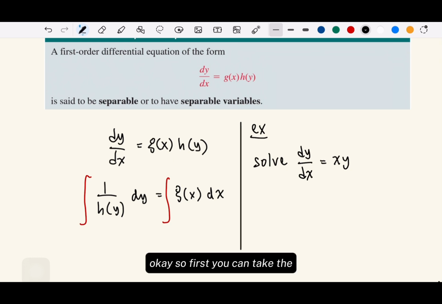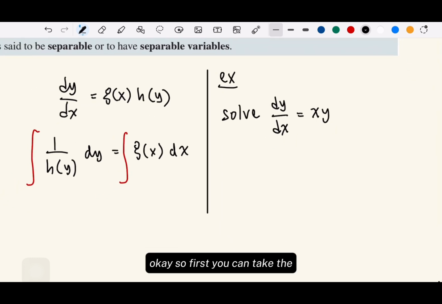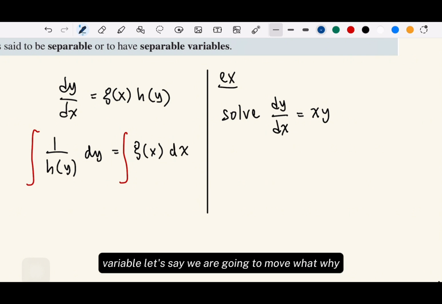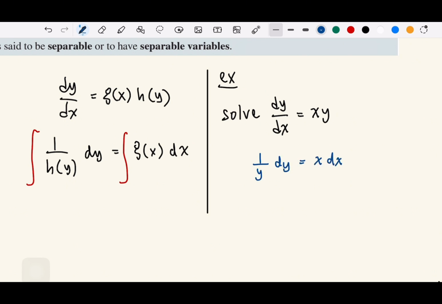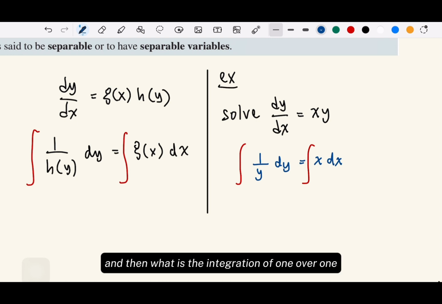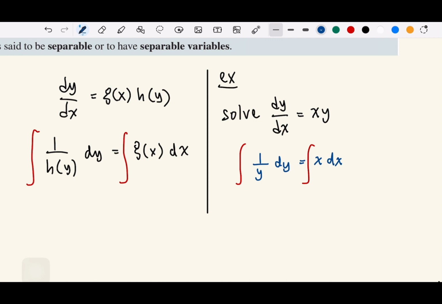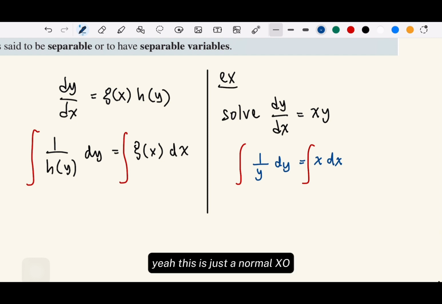Okay, so first we could take the variable. Let's say we are going to move a y, so become 1 over y dy and then x dx. Okay. And then take the integral. Right? And then what is the integration of 1 over y? Yeah, that's right.